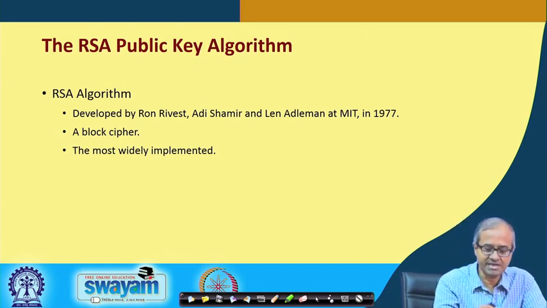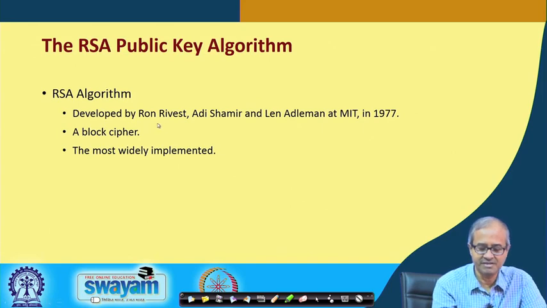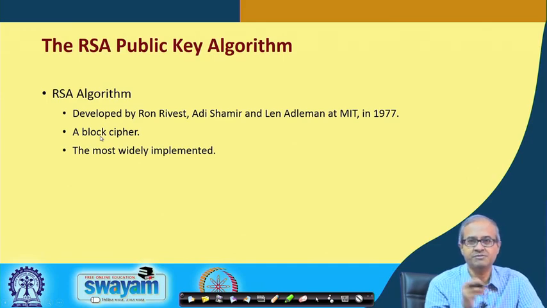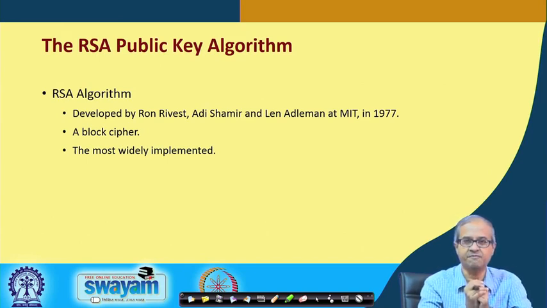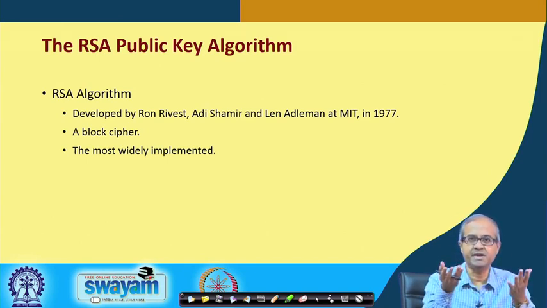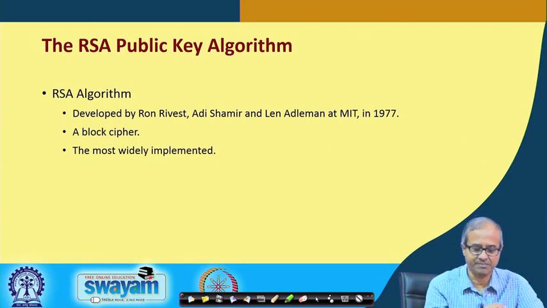RSA stands for the initials of the inventors Rivest, Shamir and Adleman. This is also a block cipher. So, you can take a block of your data, of course, the size of the block can vary, it is not fixed, and you can encrypt it and send it. This is most widely used.